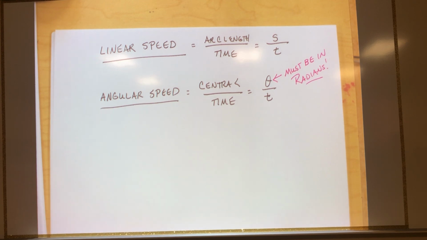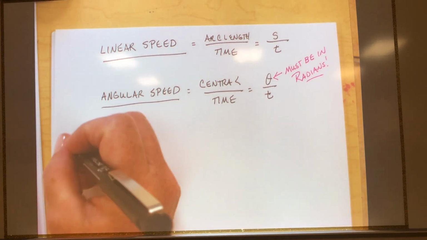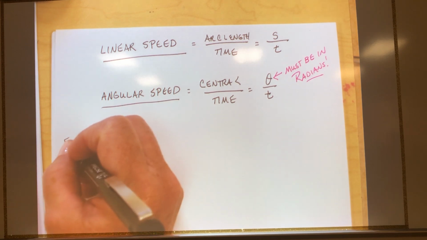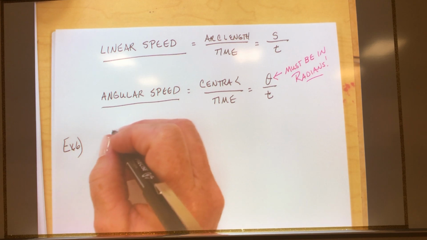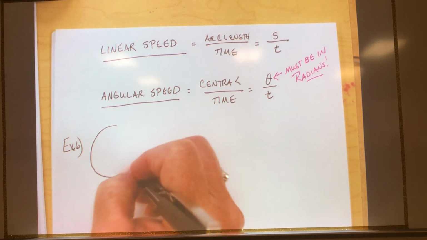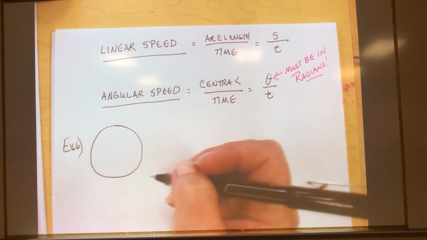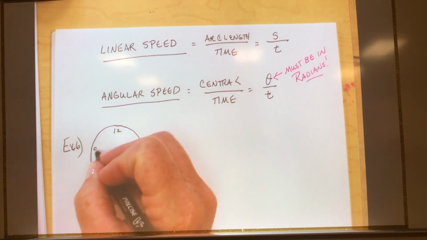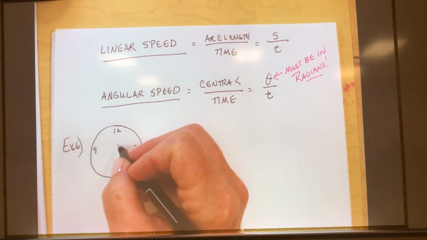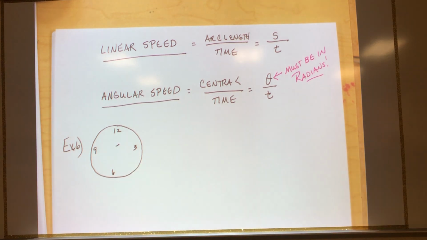All right, so here's the next problem. I got 2 more problems to do, and then I'm gonna let you work on a few. Okay, so this one says we got a clock. So 12, 3, 6, and 9. And the second hand, how do I know which one is the second hand?